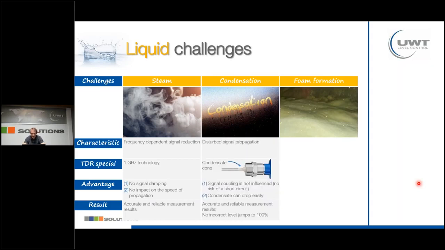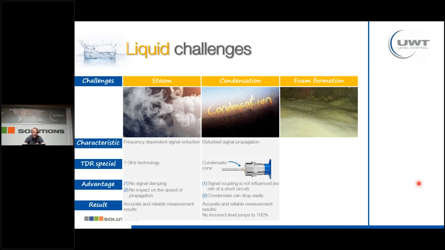Condensation may also be an issue. Condensation can form at the process connection, and here a condensate cone is implemented to avoid any short circuits between the process connection and the probe.